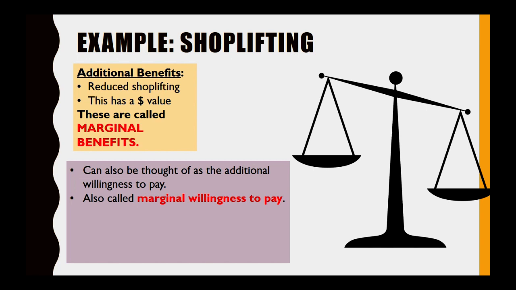If he saves us $1,200 in shoplifting, we're willing to pay, in theory, up to what? $1,200, right? So that's a rational decision. You reduce shoplifting by $1,200, and I pay you $1,200. Well, it's my break-even point, right? So I'm willing to pay you up to $1,200. So the marginal benefit and the marginal willingness to pay are the same thing. So we're asking, how much would Walmart be willing to pay for an additional guard? That would be the marginal benefit or marginal willingness to pay. Everybody with me? That makes sense? All right.